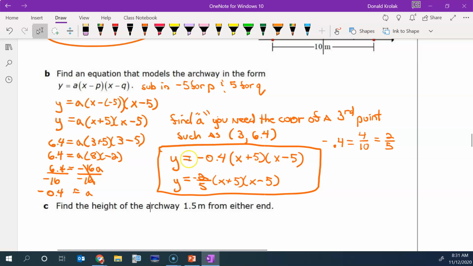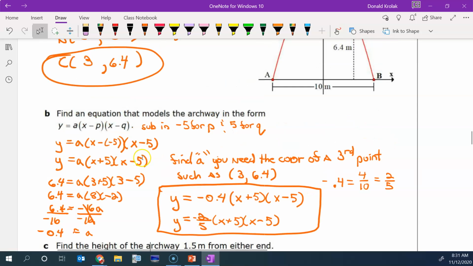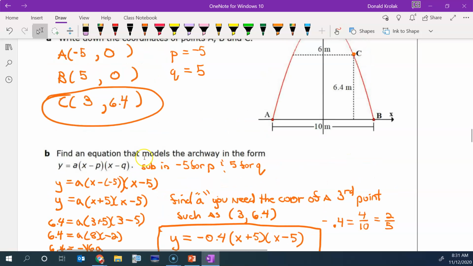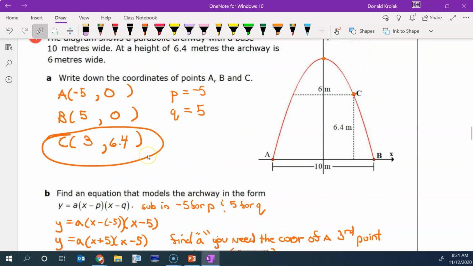All right, now you're going to use that equation to answer this last question. What's the height of the archway 1.5 meters from either end? Okay, so we want to go 1.5 meters this way, and 1.5 meters this way, and figure out what's the height.